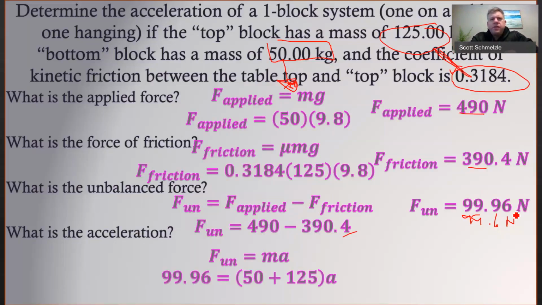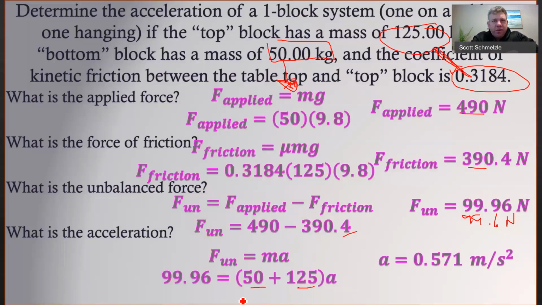So then when we calculate this out, we'll see 99 point whatever it is equals our two masses together. And again, remember, this mass and this mass are connected by a string. Because they're connected by a string, they're both going to experience that acceleration. So acceleration in this case is 0.571 meters per second squared.